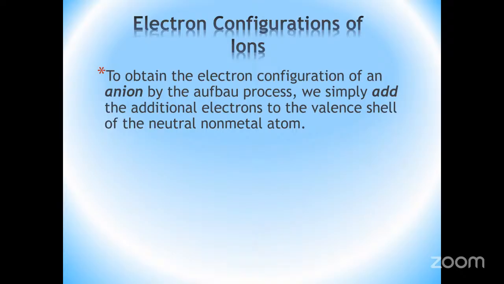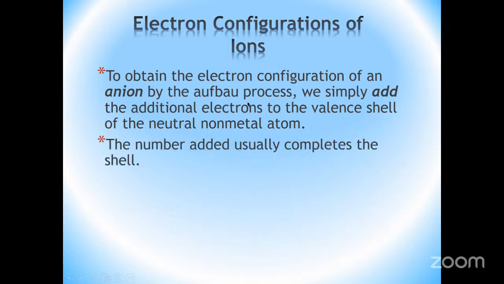When it comes to monatomic ions, to get from the atom to the anion, you add an electron or 2 or 3, depending. To get from an atom to a cation, you subtract electrons. That's what you have to keep in mind when you're determining the electronic configuration of monatomic ions.